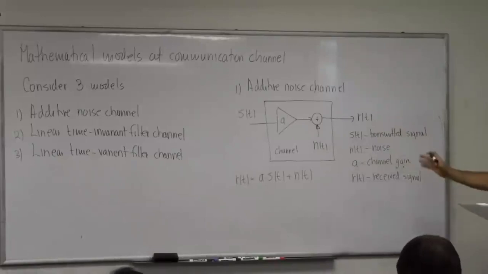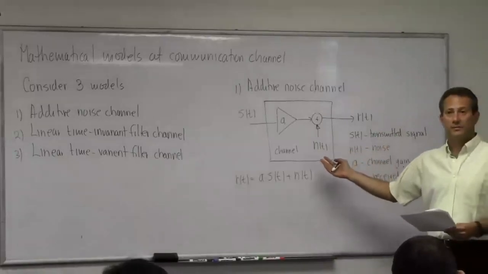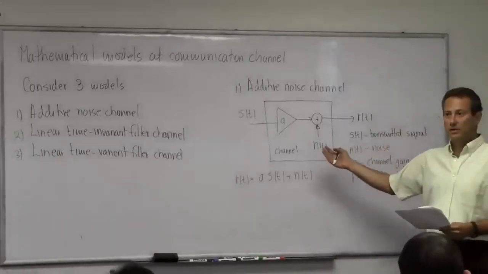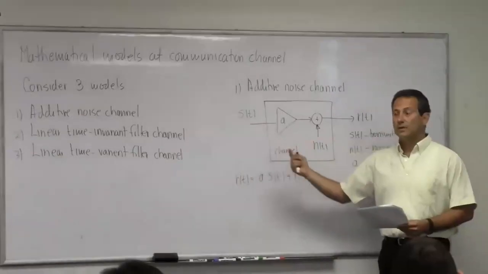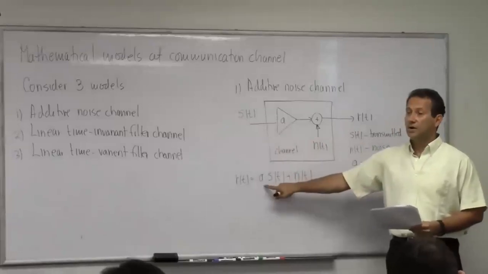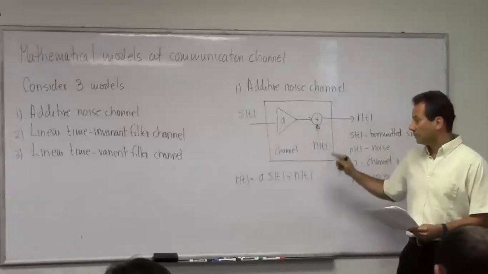Now, this is the simplest of the channels that I can have. What kind of distortion does this channel introduce to the signal? Can we enumerate what happens to the signal that makes r(t) different than s(t)? The first thing is this A. As the signal propagates through this channel, it gets attenuated.